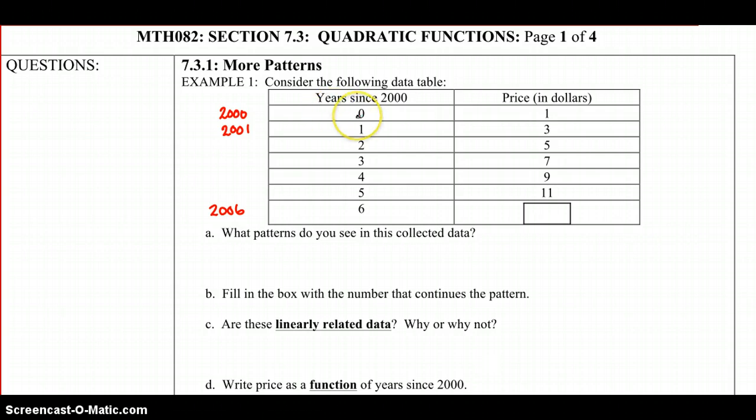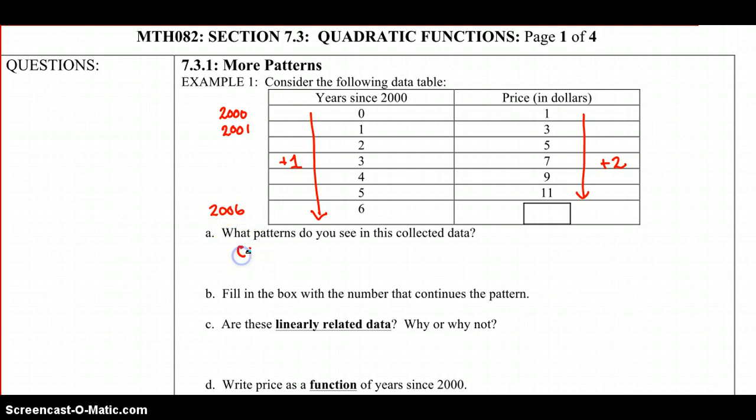Alright, so some of the patterns that you should have noticed in this data, and this is one of the patterns that we've looked at a lot, is as we're looking at the input variable, these keep going up by 1. And if we look at the output variables, they kept going up by 2 each year.